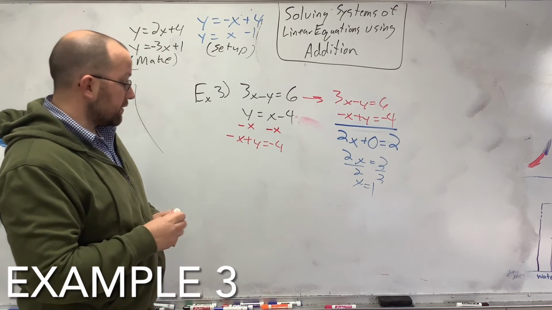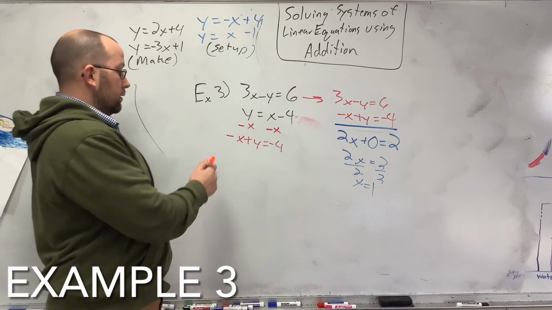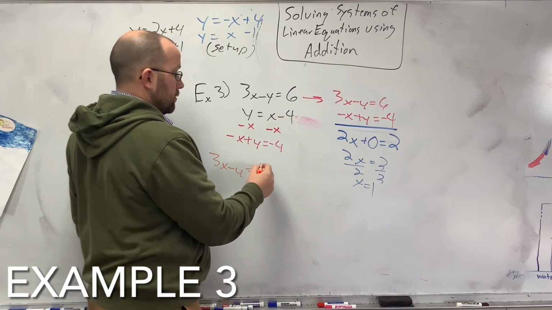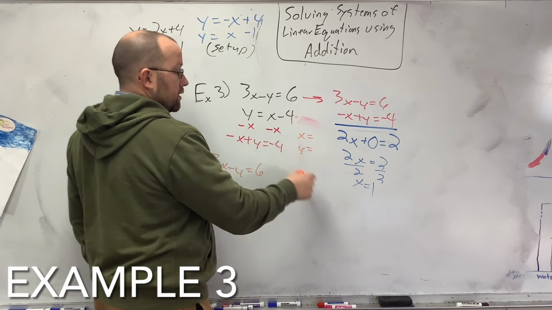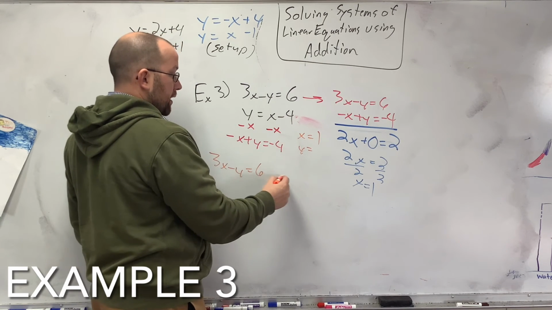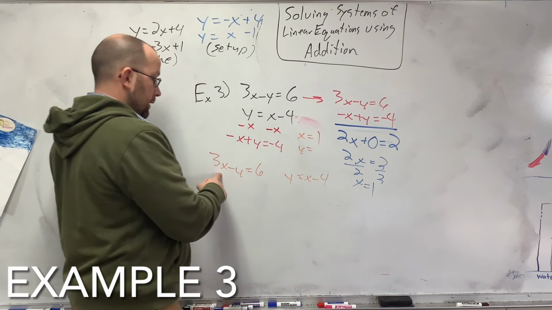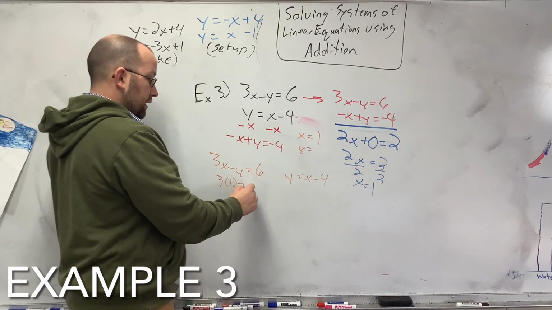All right, now we have to find our y. So I'm going to plug it back into both the original equations. So my x equals 1, need to find my y. Both my original equations. 3 times 1 minus y equals 6.